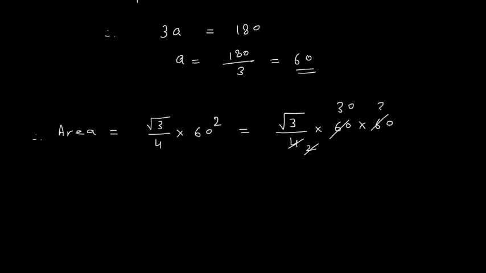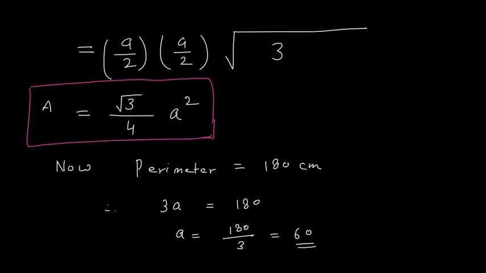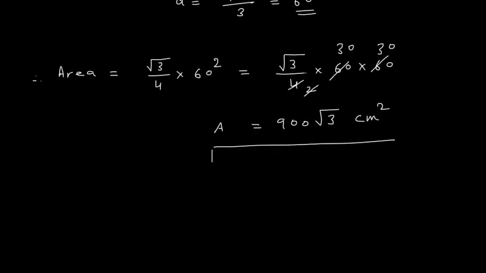So 30 into 30 is 900. So 900 root 3 centimeter square is our required area. Simple question? Yes. So let us see the next question.